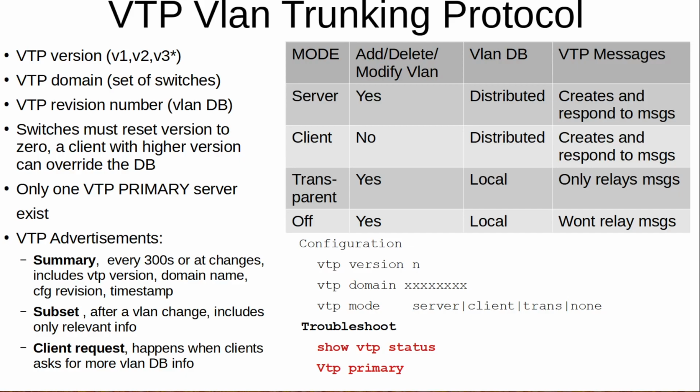Every time you make a change to your VLAN database, a revision number will get increased by 1. You must take care before connecting a new switch to your VTP domain.